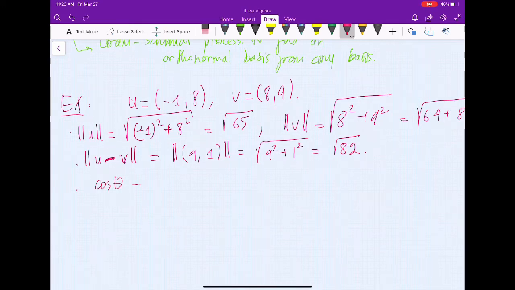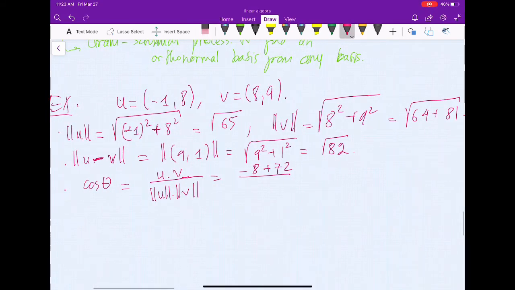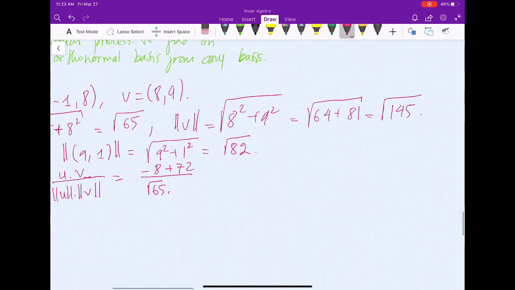You can find the angle between them. Cosine of theta is equal to the inner product of U with V divided by the norm of U and the norm of V. That is 64 over the norm of U. What is the norm of U? We have this right here. That is the square root of 65 times the square root of 145.